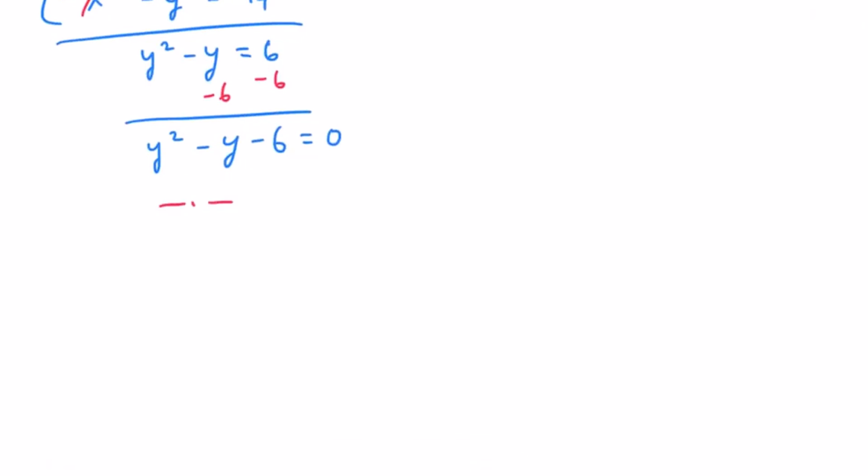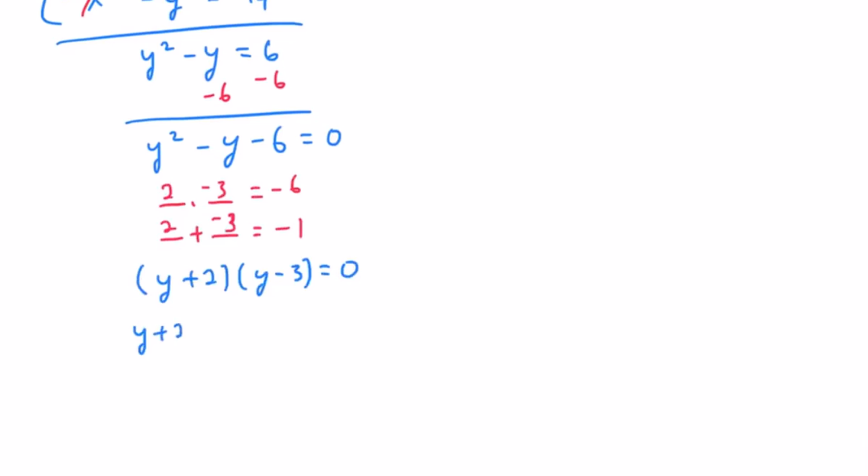Factor, so two numbers multiply to give us negative 6, but add to give us negative 1. So we have 2 and negative 3. So y plus 2 times y minus 3 is equal to 0. Let each group equal to 0 and solve.